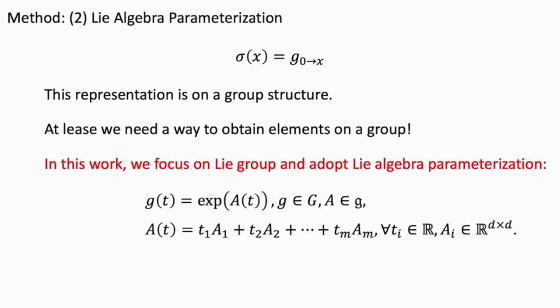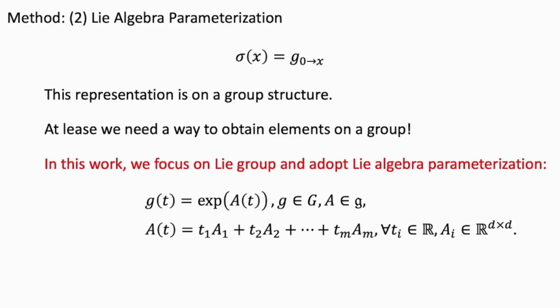The matrix exponential mapping can map an arbitrary matrix A to a group element. The matrix A is represented by a summation of m components. Here, the Ti's are scalars and Ai's are matrices. You can see that the second equation actually forms a vector space with Ai's being the basis and the Ti's being the coordinates.